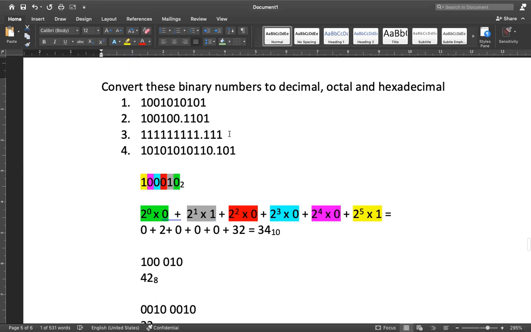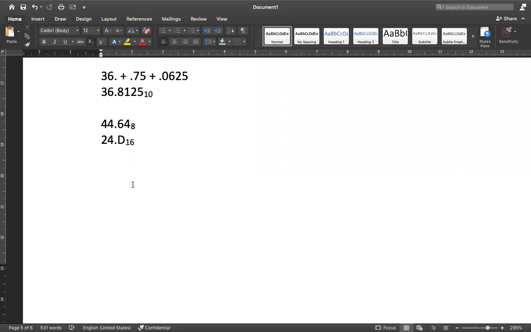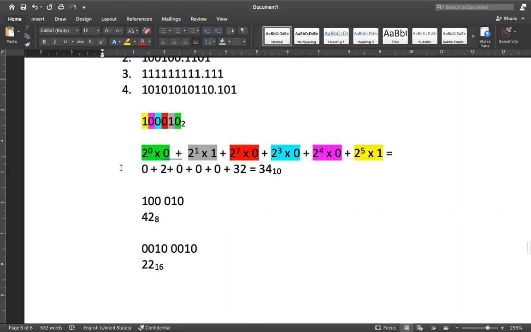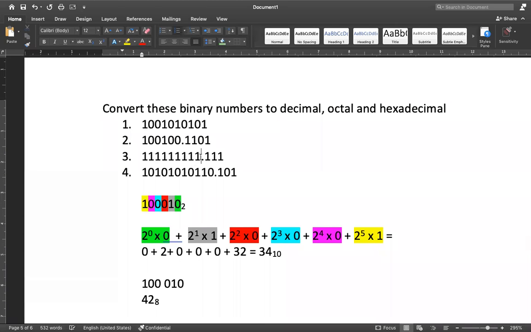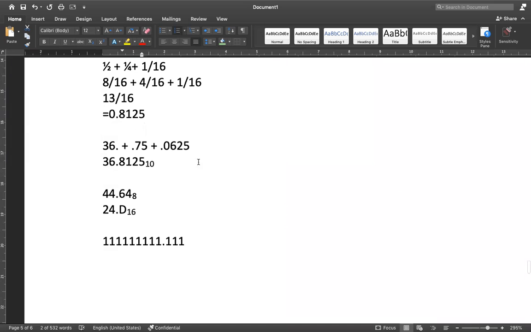Then the next one. Let's add this. How many ones? 1, 2, 3, 4, 5, 6, 7, 8, 9. 9 ones means 1 less than 9 zeros, no?